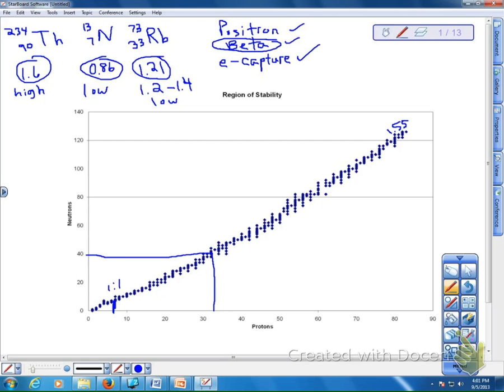So it's a matter of where on the atomic number list, on the x-axis, these two fall. Remember that positron usually occurs down here at the low end of the curve, while electron capture is out here with bigger nuclei. So nitrogen-13 is going to undergo positron emission, and that leaves rubidium-73 for electron capture.